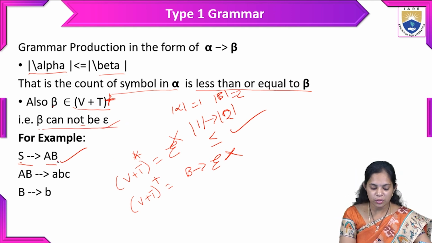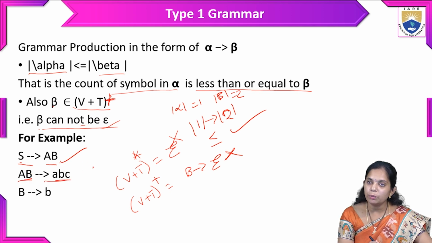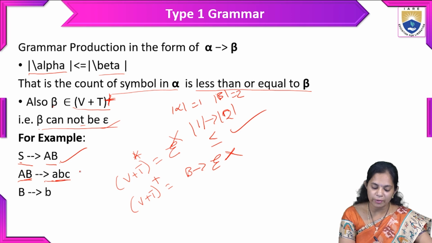And if you observe the production rules, the length of alpha is less than or equal to the length of beta. Beta does not have the epsilon symbol, and the length is 3 here and 2 here, so we are satisfying 2 less than or equal to 3. And here 1 less than or equal to 1, so that equal representation, 1 is equal to 1.